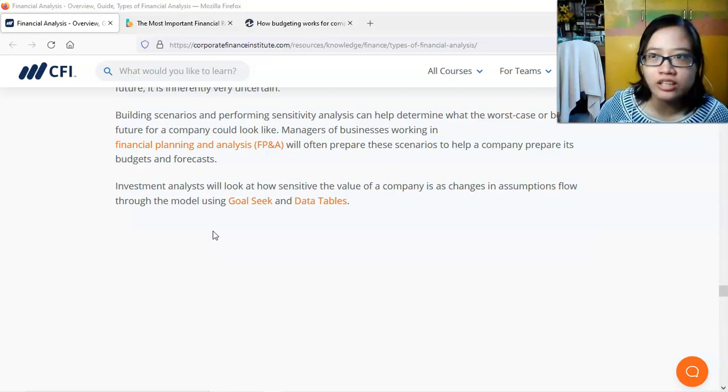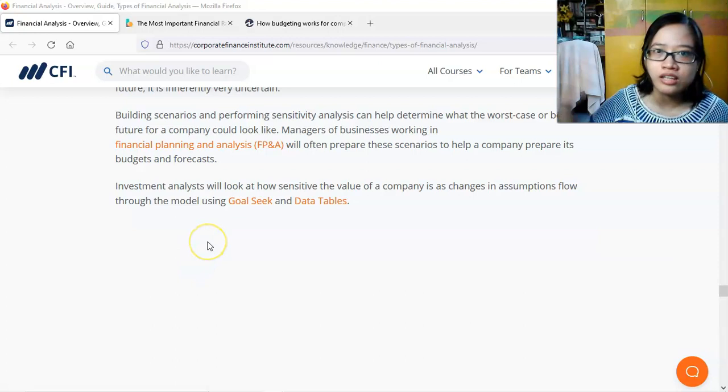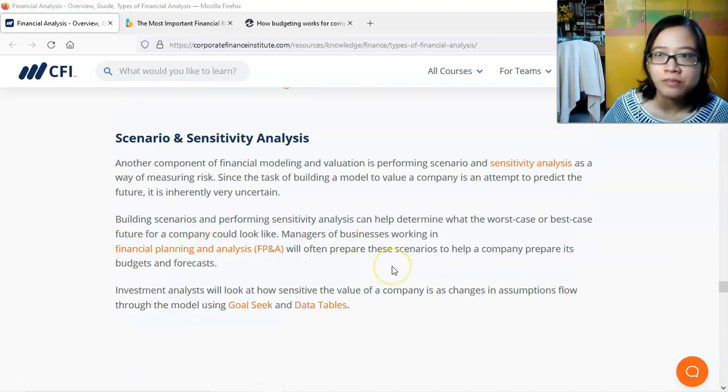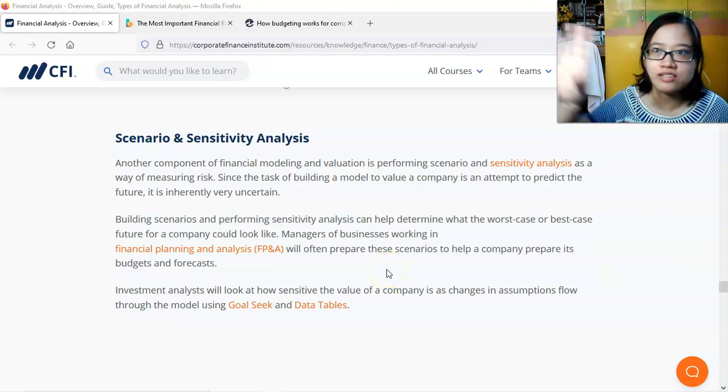Hindi naman pwedeng may possibility na mangyari yung isang scenario tapos wala man lang kabalak-balak yung company on how it would react to that situation. So, that's not good. Kaya, yung mga companies, of course, they take into account ano yung mga possible changes na mangyari. Kunwari, merong mga bills na naka-propose pa lang in the Senate, but if it is passed, makaka-affect sa company.